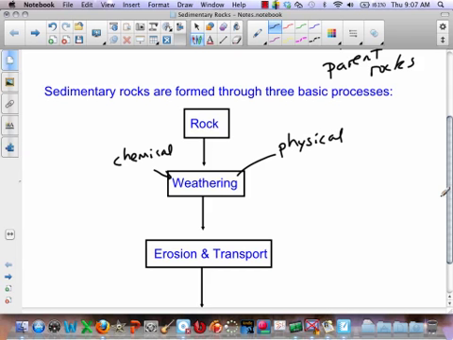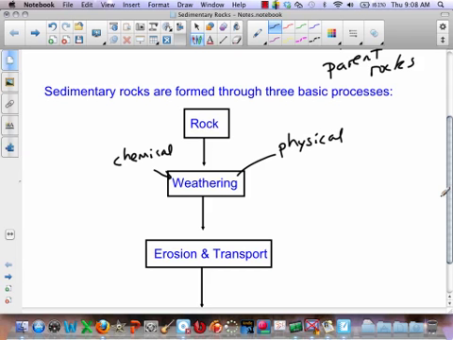Physical is literally things being hit against each other. So running water is actually a type of physical weathering, because the water molecules are slowly scraping against that rock, as well as the other sediments in the water, which act like sandpaper.